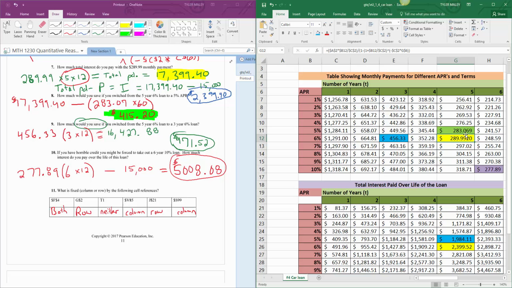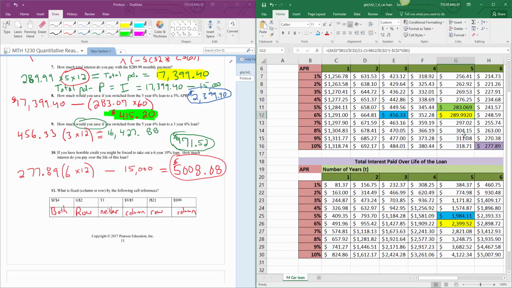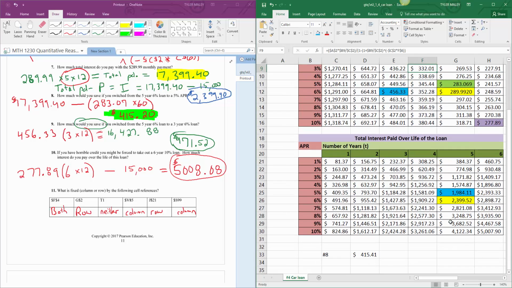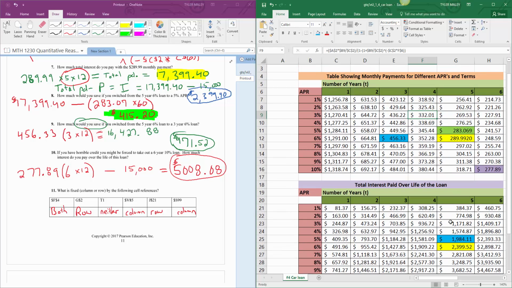So what's happening is when we go off these dollar amounts, that's not an exact value. But when we use cell references, Excel is calculating the exact value. So one main benefit of using Excel is that we can always get exact values and not have to worry about rounding. You shouldn't round and then use that answer to calculate further.